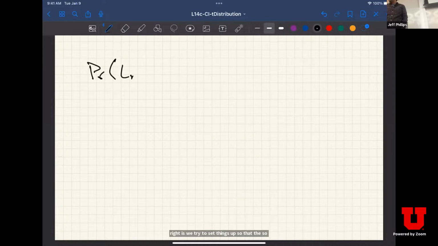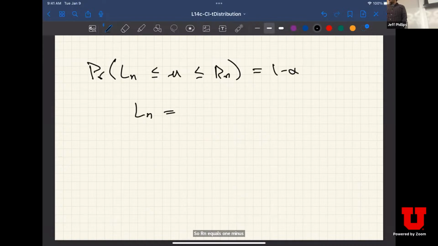the probability that L n is less than or equal to mu, which is less than or equal to R n, equals 1 minus alpha, for L n equals x n bar minus t alpha over 2 times S n over square root n.